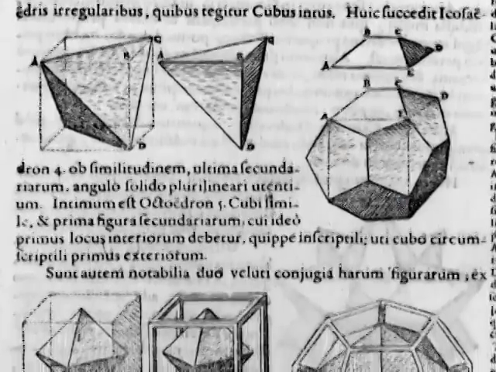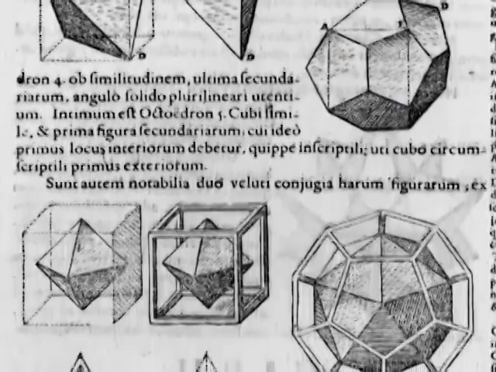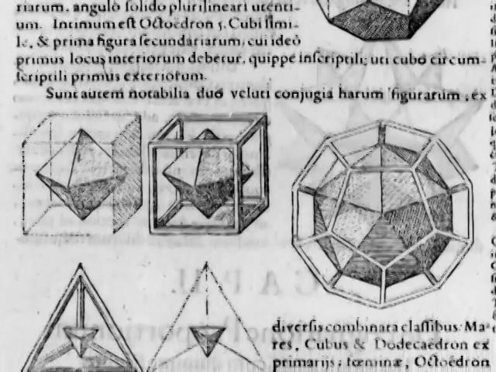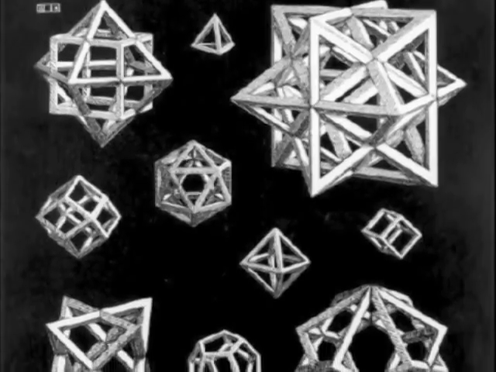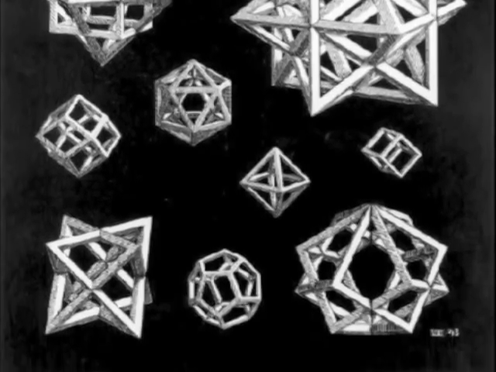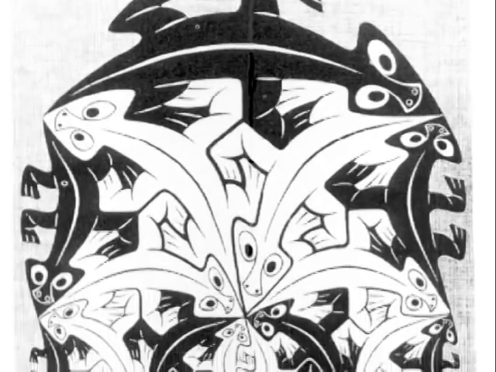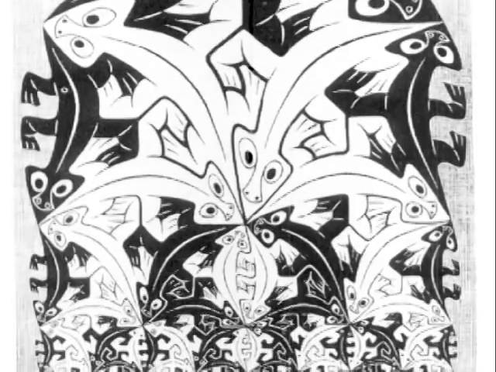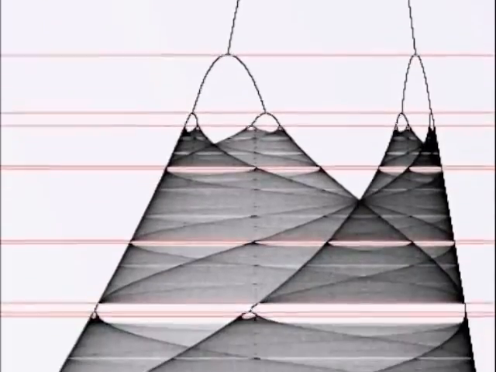Like Kepler, some 300 years before, he studied the framework of the Platonic solids in order to see how they could be nested inside one another. Escher's work with infinitely limiting tessellation patterns paved the way for work with chaos theory, fractals, and strange attractors.